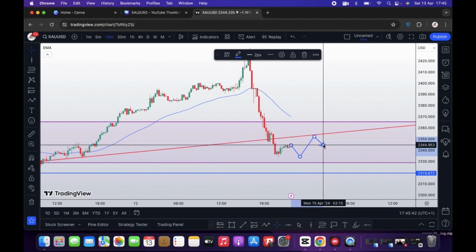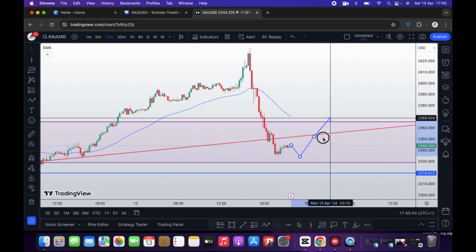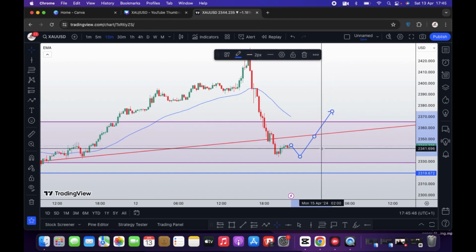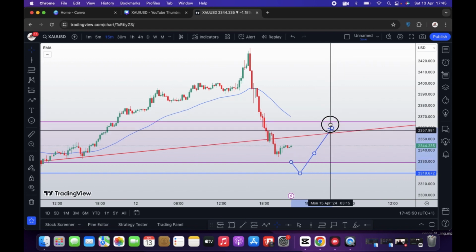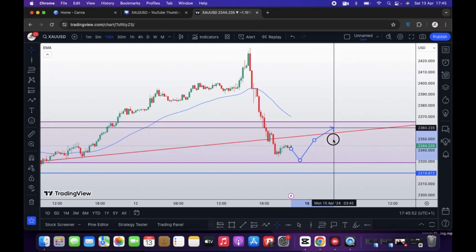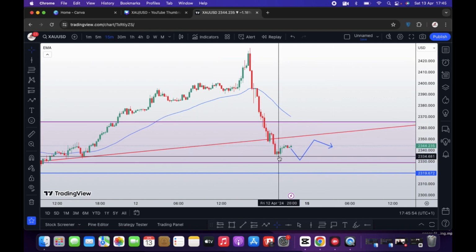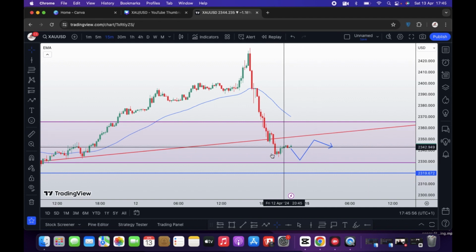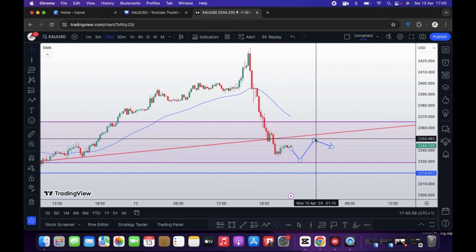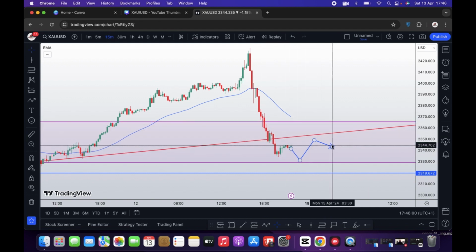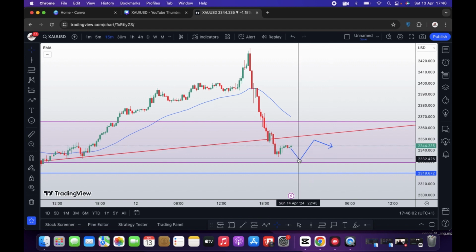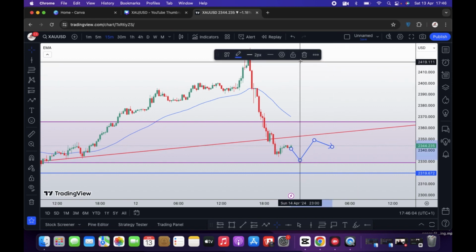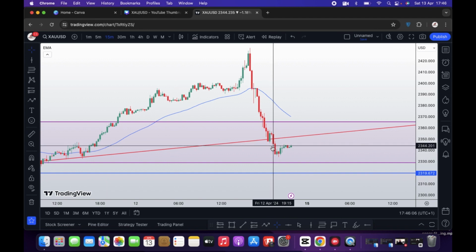Then I will buy from here, which I will expect it to move up this way because it will be head and shoulder. Sorry, it will be W pattern, because this is the pattern. This is W pattern. Come back to retest. Then I will take a buy from here. I never know what will happen, but I will look for a setup here on Monday morning when markets open.